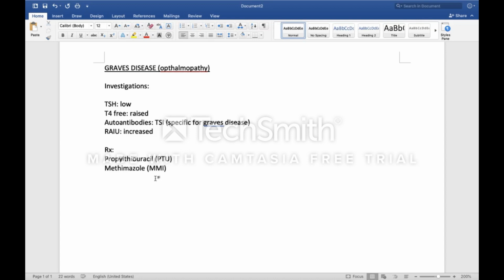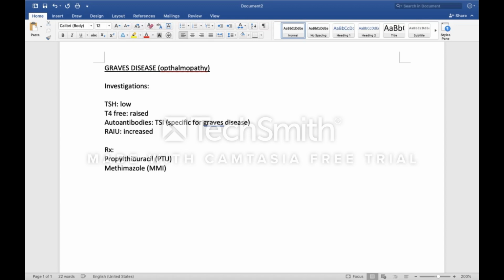They inhibit the synthesis of thyroid hormone by inhibiting the combination of iodine inside the thyroid gland, with the help of enzymes, peroxidase. So both of them can stop the production of thyroid hormone inside the thyroid gland.